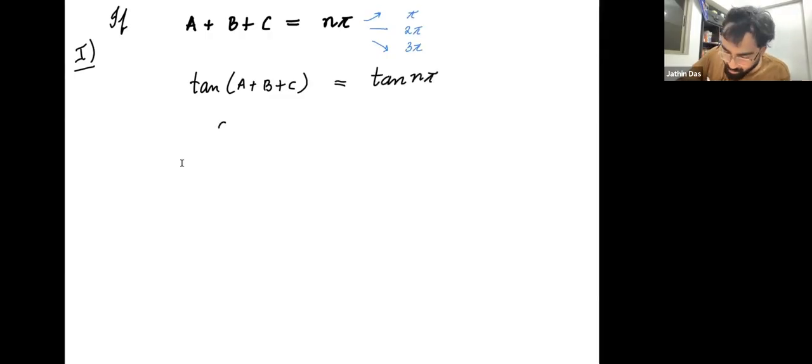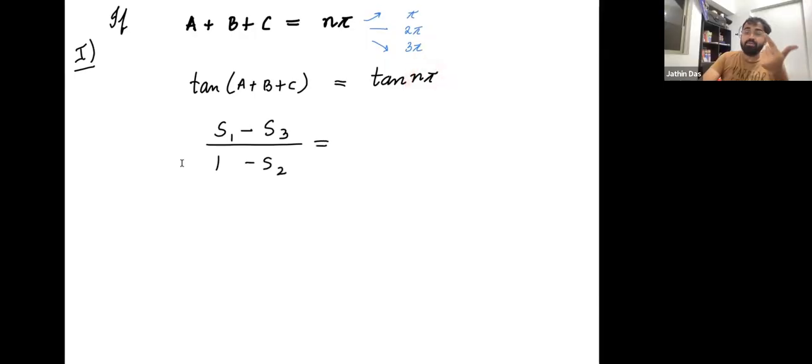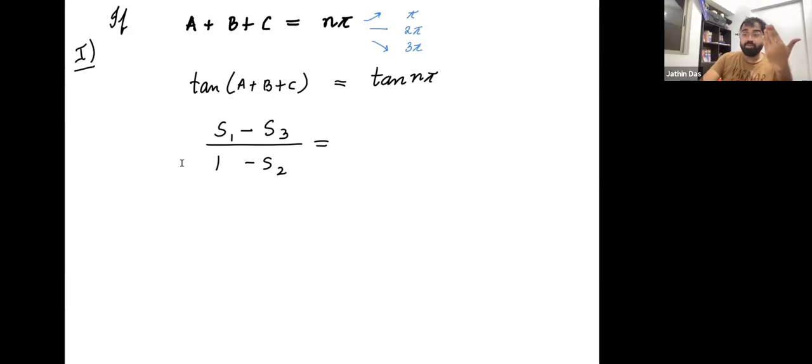Now tan of A plus B plus C we know is S1 minus S3 by 1 minus S2. Now what is tan of n pi? I told you sin n pi is always 0, if you remember. Yeah, sin n pi is always 0, na? So tan n pi is always 0.